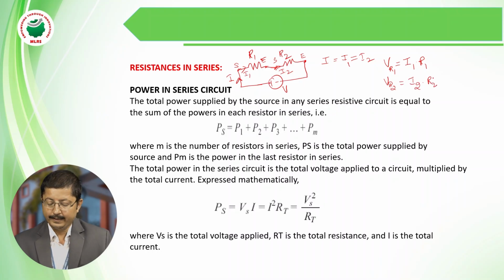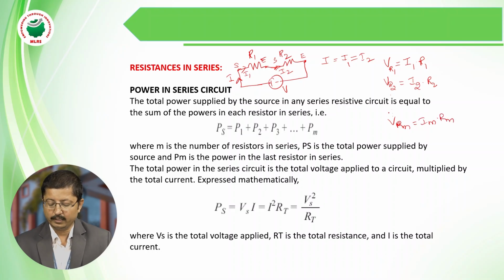If you take n resistors connected in series, then up to VRm, the voltage across the mth resistance, is the current flowing through that mth resistance times Rm.